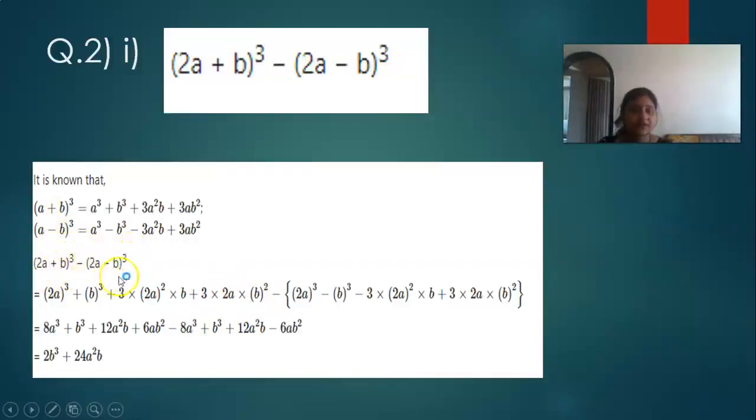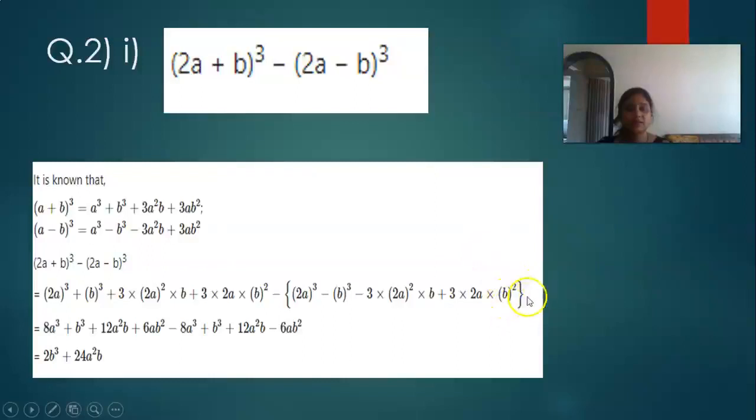Now we have to split this term also by applying (A − B) cube. So this minus sign stays as it is here. Now we'll split this term here. So it is a cube minus b cube minus 3 times a square into b plus 3 times a into b square.